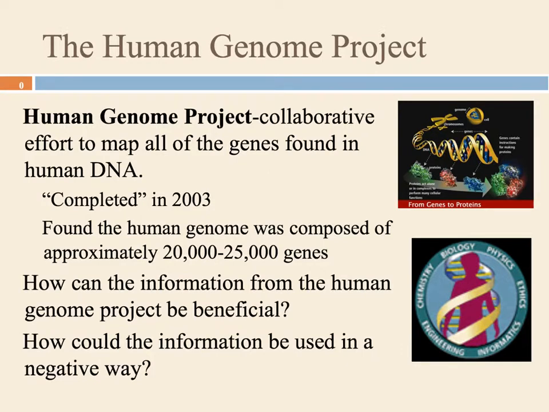The idea is that in the coming years, and you're already seeing it now in some of the literature in current events, they're hoping they'll be able to cut out the genes that cause these diseases and disorders and insert a normal version so that individuals can have offspring that would not have these disorders. So know that the Human Genome is basically a map of all the genes located on different chromosomes.